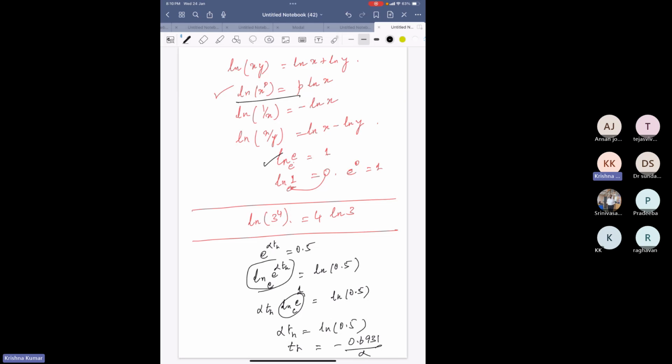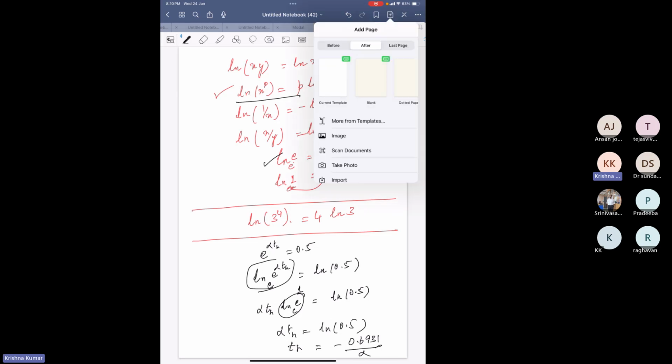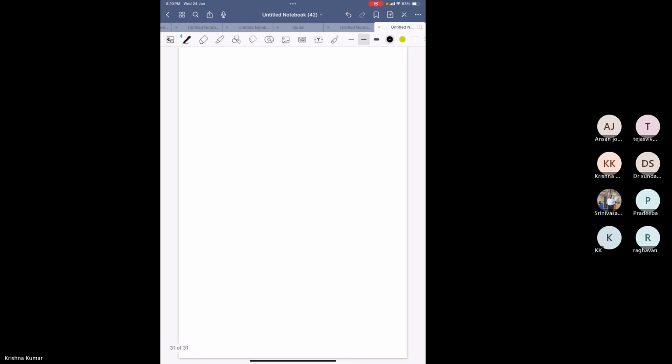So this is the general formula for half-life. Most drugs follow this exponential pattern. For half-life, you have to know that alpha value, then you can find out the half-life.